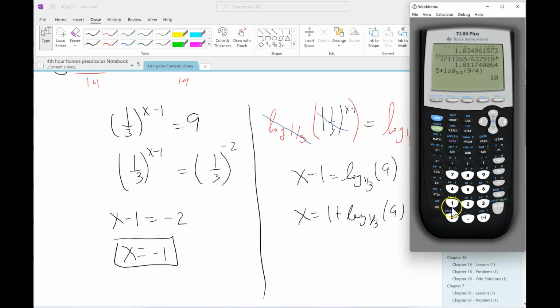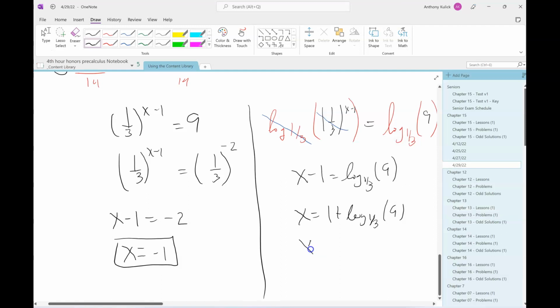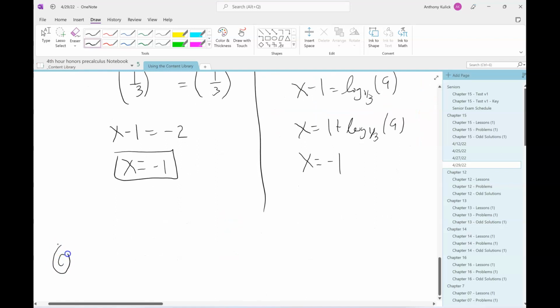And again, if I type this into my calculator, I get the exact same thing. Shocking, right? How we doing? Okay so far? All right, let's do one more of these exponential equations, and then we'll move on and talk about some logarithmic ones.